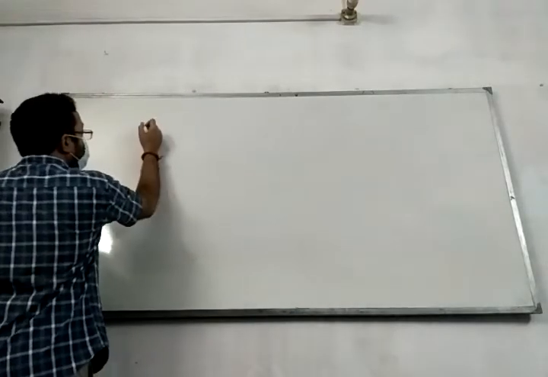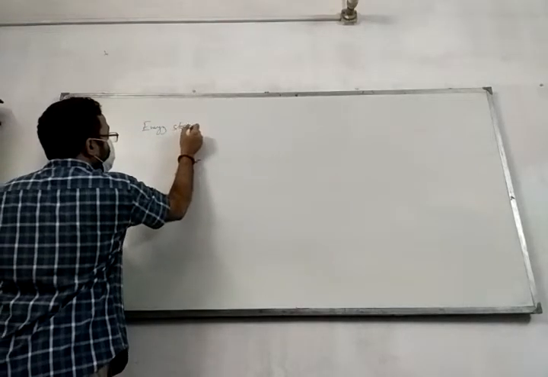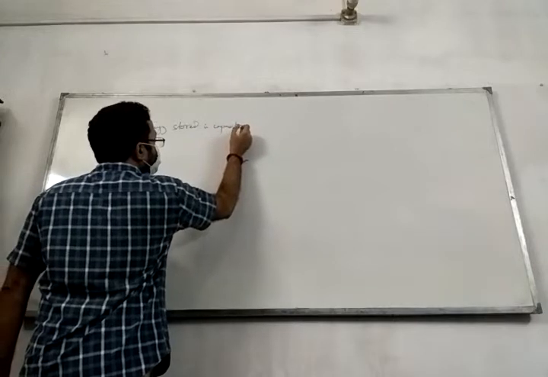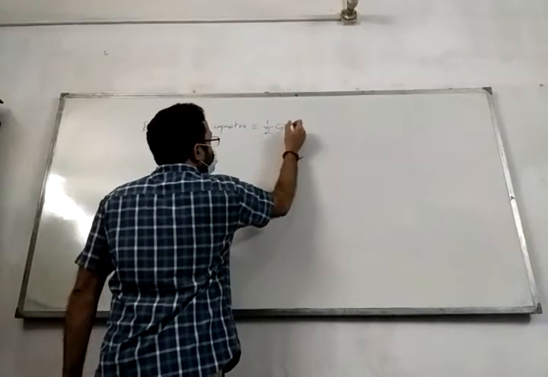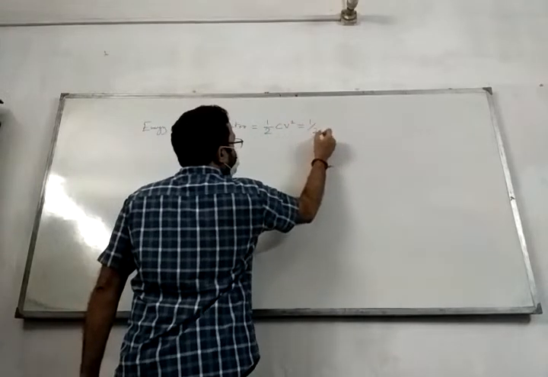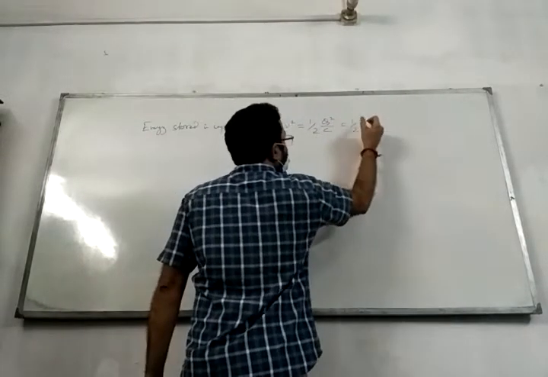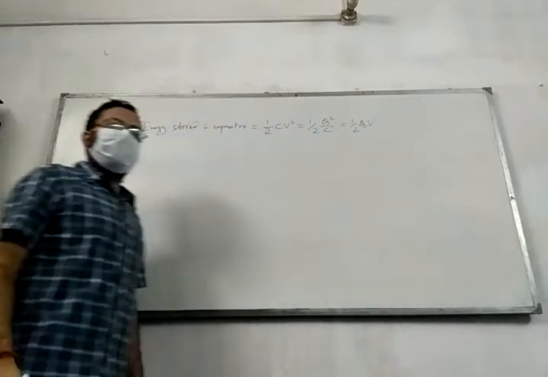Now do you remember what is the energy stored in the capacitor? Formula. It can be written as half CV square, half Q square by C, or half QV, right?